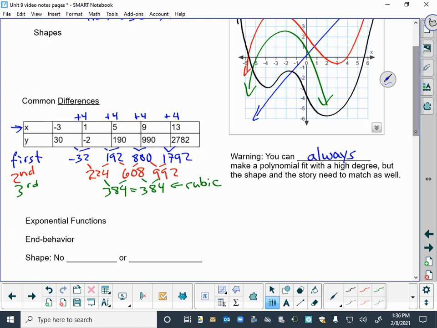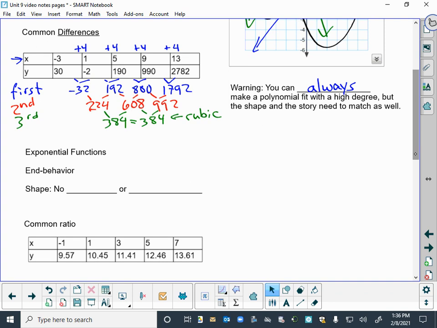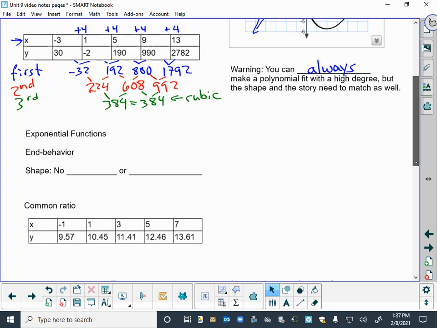There are very few real-world situations where a degree 7 polynomial is actually the right model for something. There are just not situations where that is a meaningful thing. So we have to be a little bit careful with how excited we get about applying polynomial models, unless there's some reasoning behind it that makes sense.